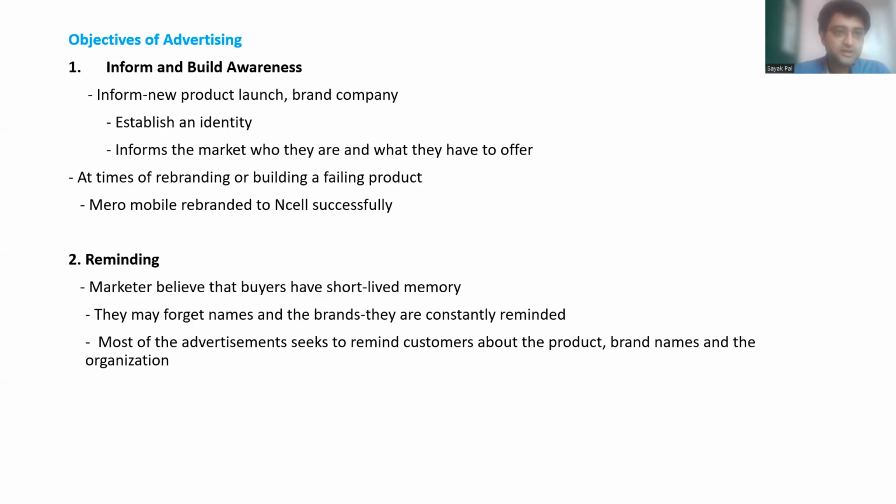Now, the next objective of advertisement is reminding. I have mentioned this before as well, that many times advertisements are sent out to people not to present new information or a new idea, or to teach them a new usage of the product.